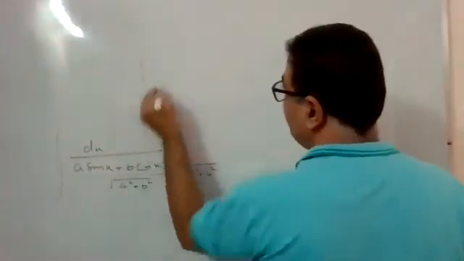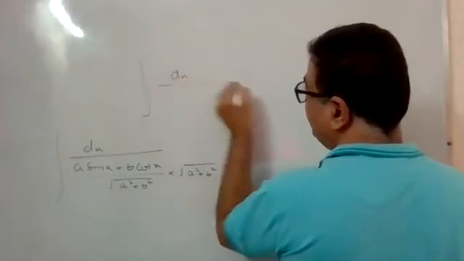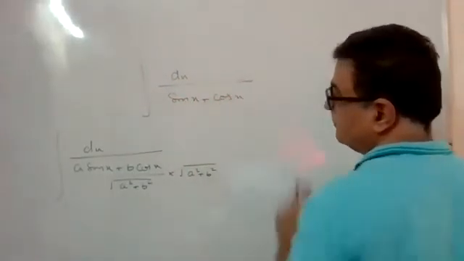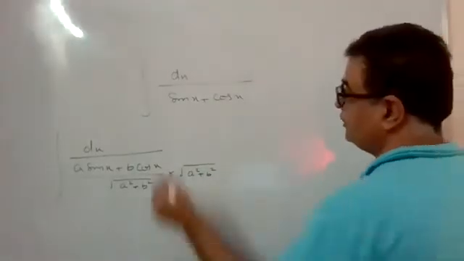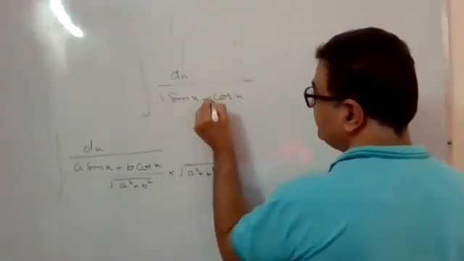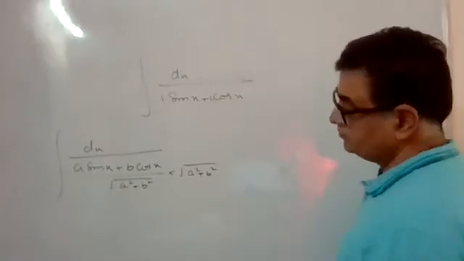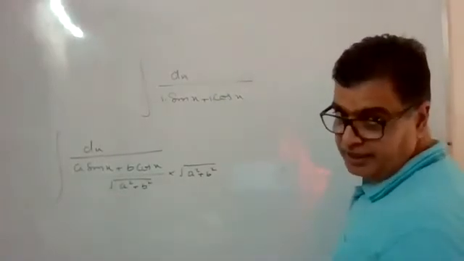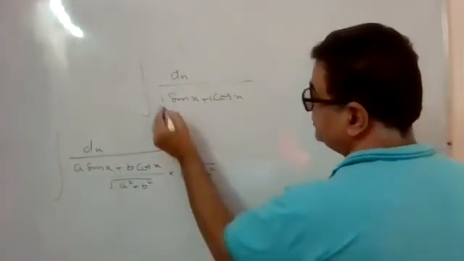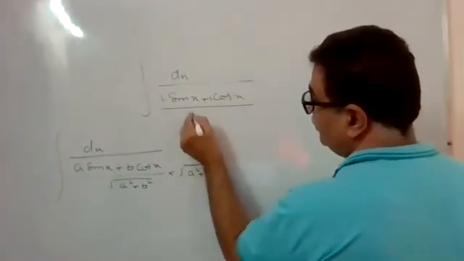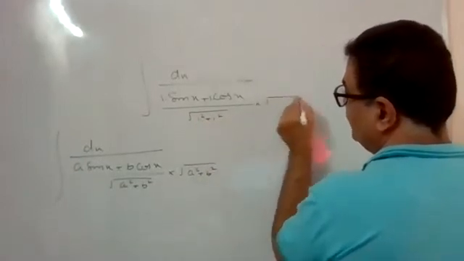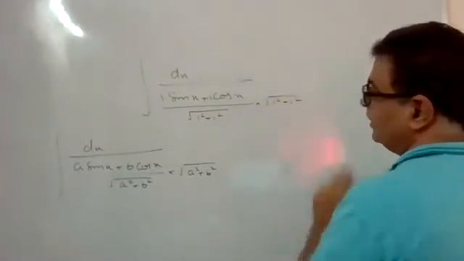For example, if we have the question dx by sin x plus cos x. What is a in this case? 1. B is also 1. So we have under root a square plus b square, divide and multiply. So I'll write here root of 1 square plus 1 square, and into root of 1 square plus 1 square.